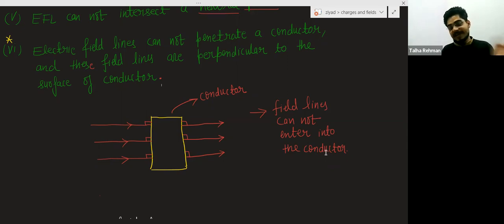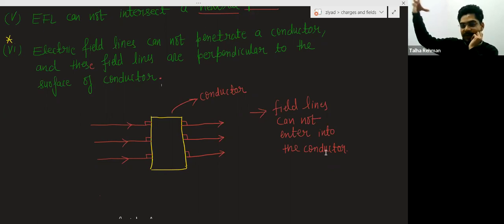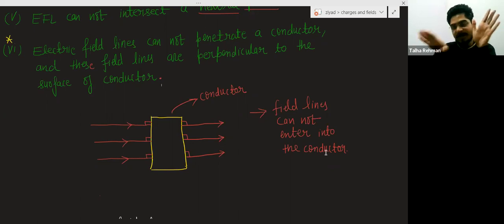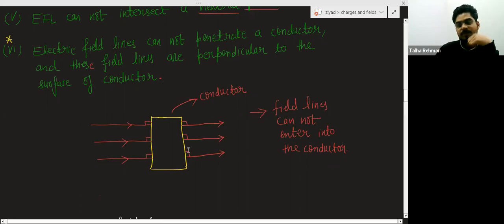If you sit inside the conductor, the electric field inside the conductor is zero. The electric field due to that lightning will not affect you. Why? Because inside the conductor the electric field will become zero.